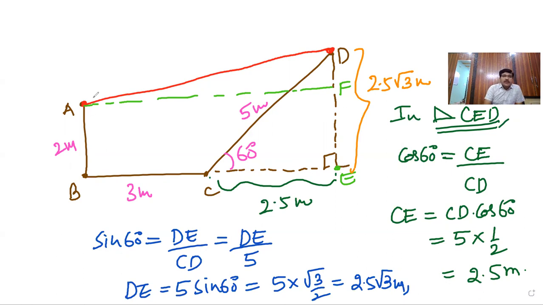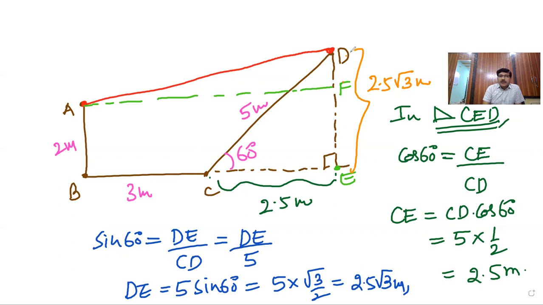Now observe, AF we require. AF is parallel to BE, but BE is BC plus CE. BC is how much? 3 meters plus 2.5. That means BE is 5.5 meters, which is parallel to AF. We got AF. Similarly, we require DF.